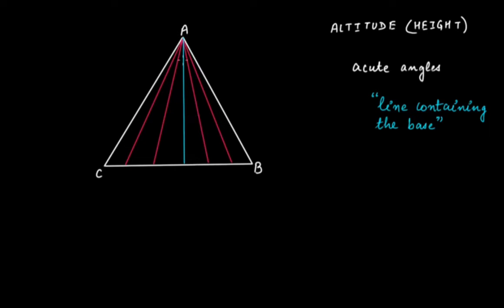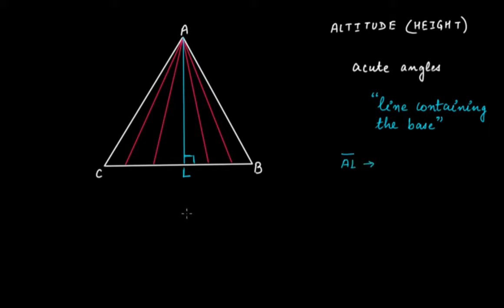In this case, this altitude or height is this line segment that is making 90 degree or is right angle to this base BC. Let's say it falls here on point L. So this line segment AL that has been drawn from vertex A to this opposite side BC, that is making a right angle, is one altitude.